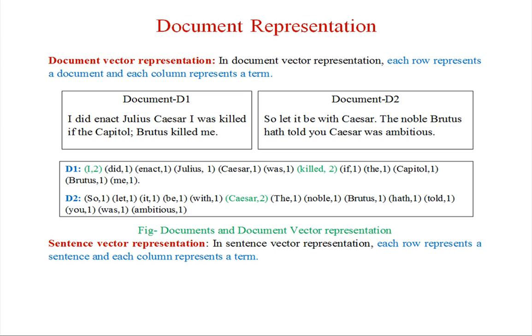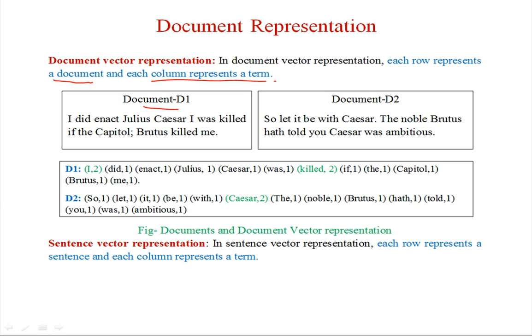Actually, here we will go through the document vector representation and sentence vector representation. In document vector representation, we represent a document as a matrix where each row represents a document and each column represents a term. For example, in document D1 there is a sentence like "I did enact Julius Caesar, I was killed in the Capitol, Brutus killed me."